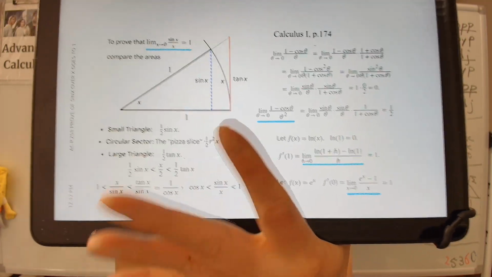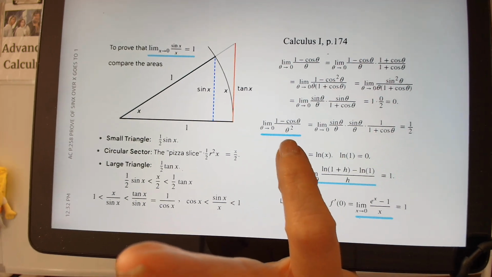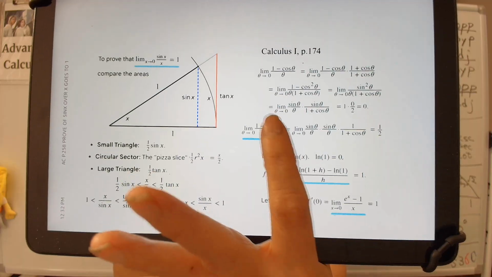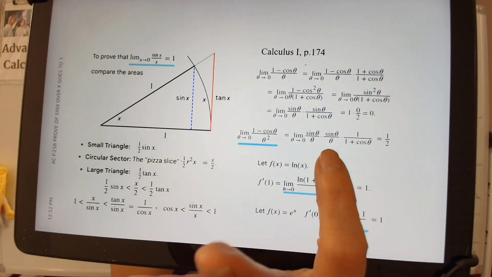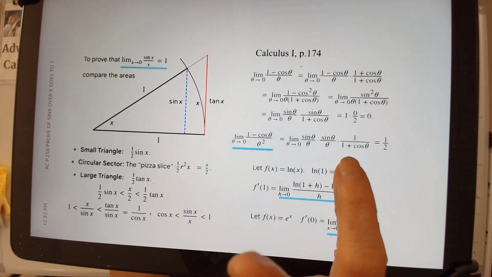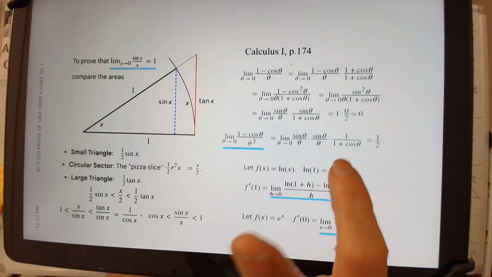And then the other one, which is the limit of 1 minus cosine over theta squared, is proven from this problem, which once we know what this is, then this one works in a similar way, and then we can calculate it.